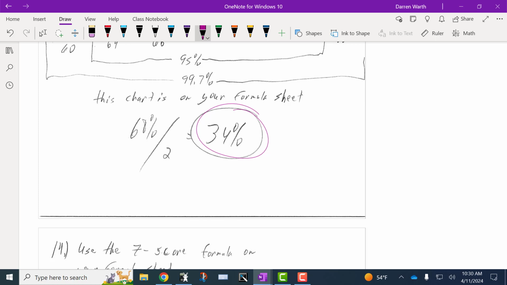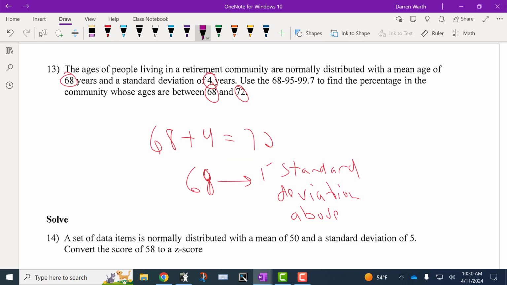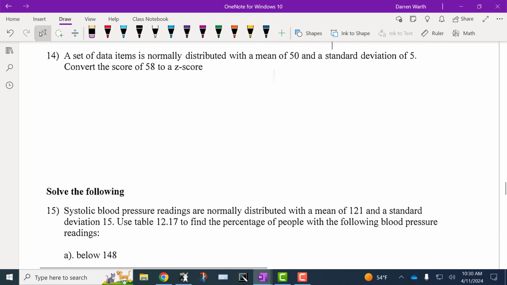Okay, now on number 14, it says a set of data items is normally distributed with a mean of 50 and a standard deviation of 5. Convert the score of 58 to a z-score. So just remember on your formula sheet, you can find your z-score formula.